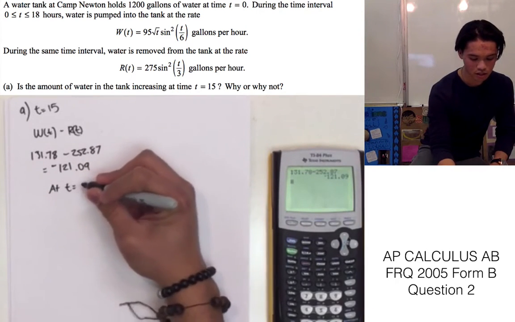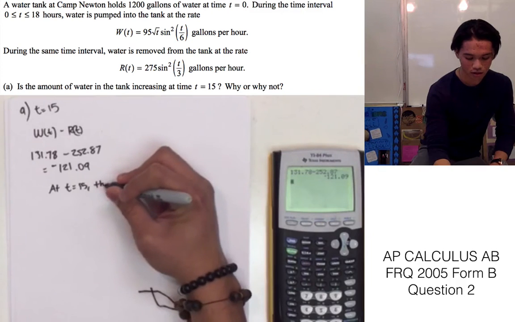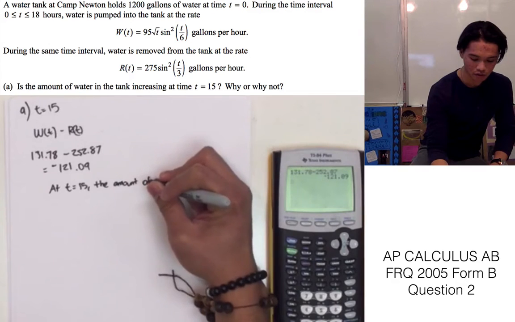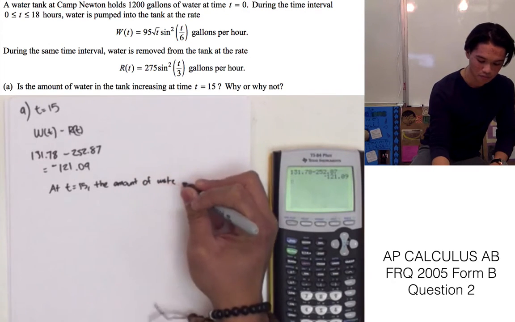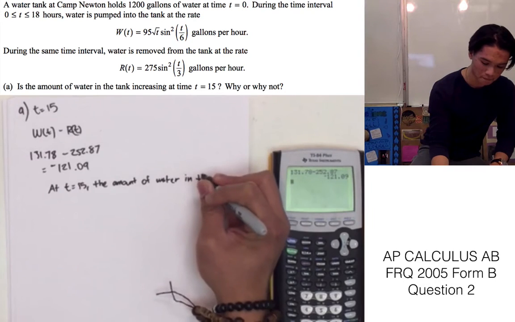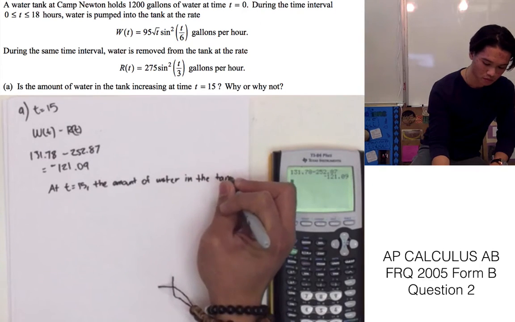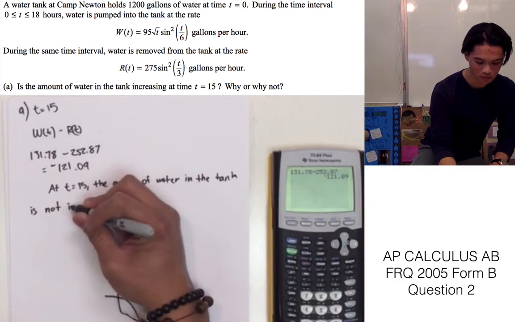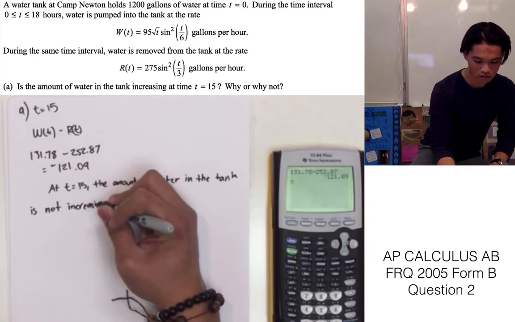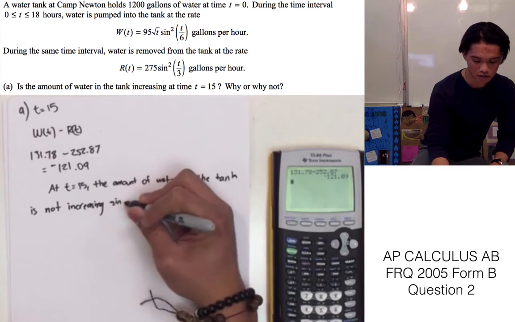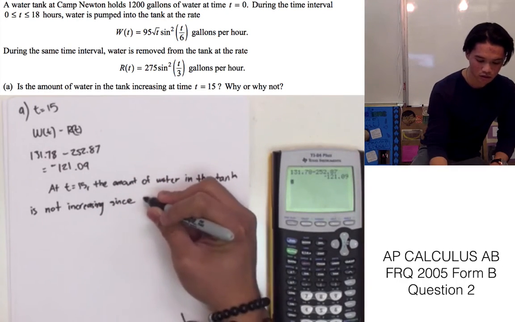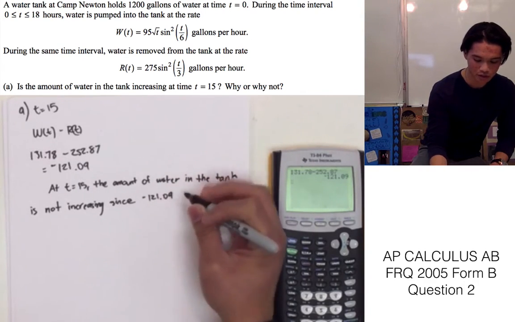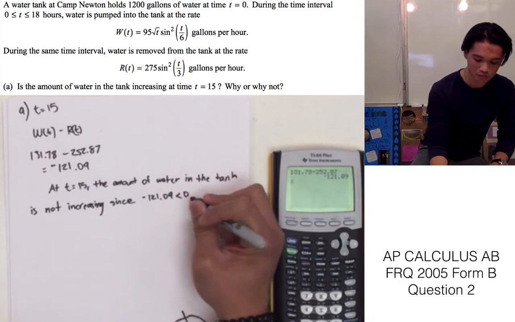At t equals 15, the amount of water in the tank is not increasing since negative 121.09 is less than 0.